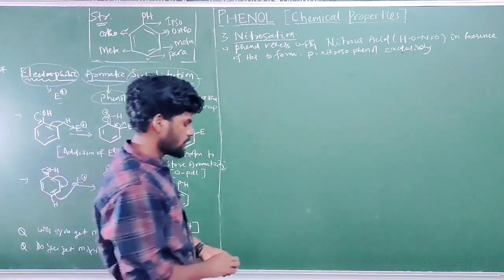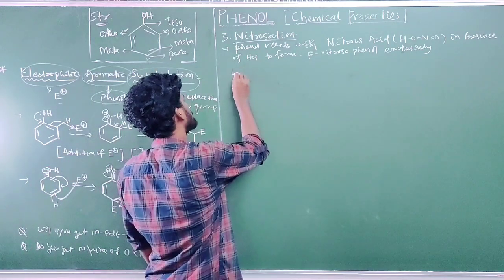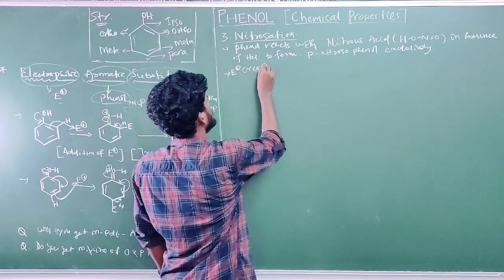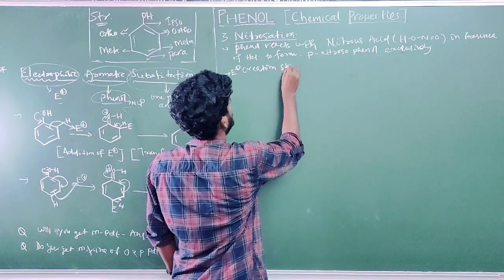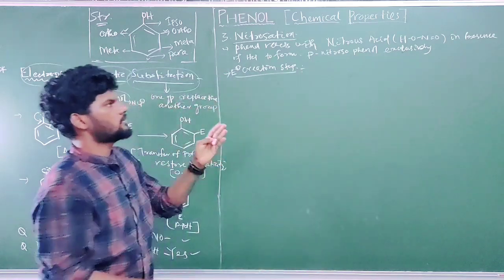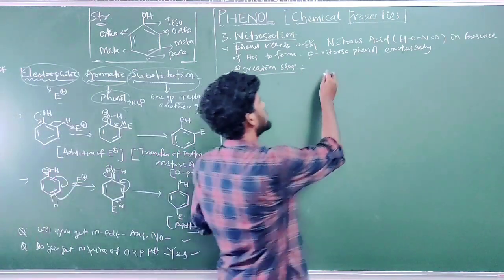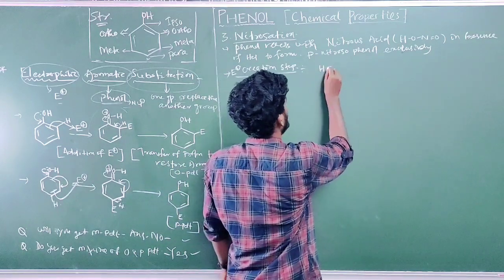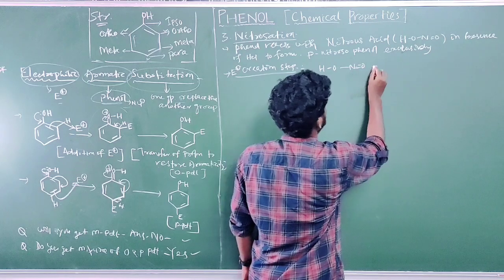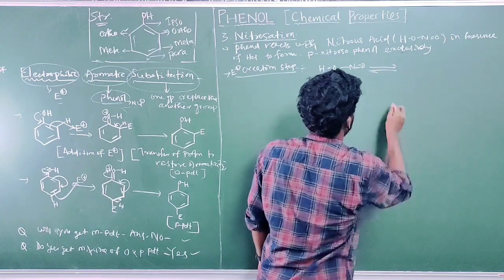So the important step: first write the electrophile creation step, how the electrophile is created. The reagents which we are using are nitrous acid in presence of HCl. So write the structure of nitrous acid, HONO, and HCl. This is a reversible reaction.